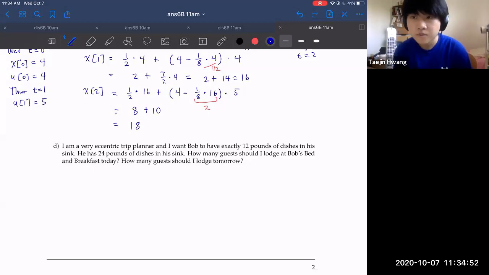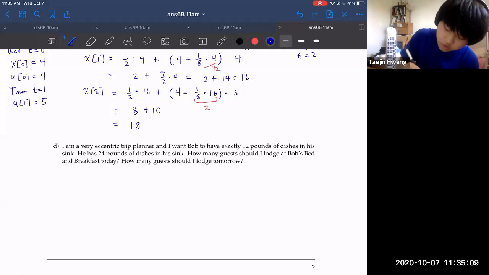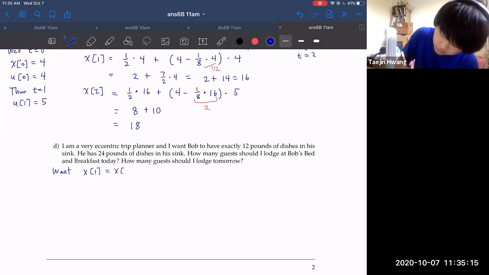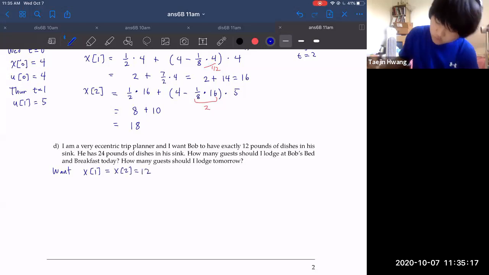Okay. Hopefully you got a good start at this problem, but let's go over this together now. So as was asked earlier, we want 12 pounds of dishes in the sink at the end of each day. So we want x of 1 to be equal to x of 2 to be equal to 12.